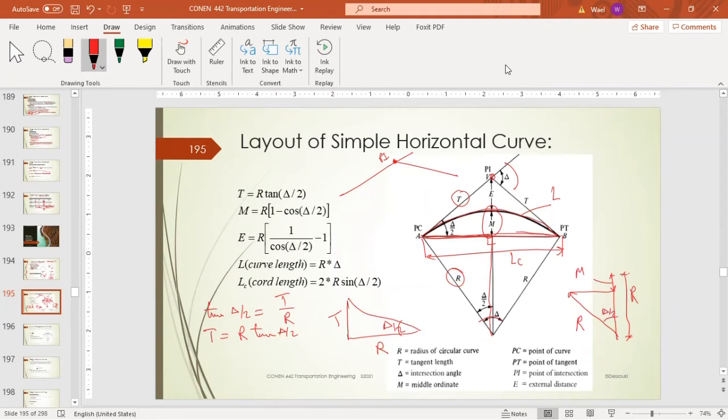So M equals R minus R cosine delta over 2. That means M equals R multiplied by 1 minus cosine delta over 2. So that's M. E, we can calculate it similarly, and you will get this equation. Any questions so far?